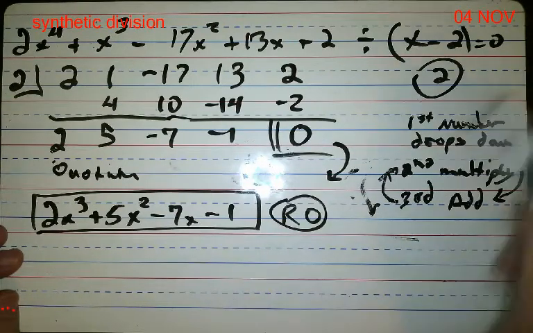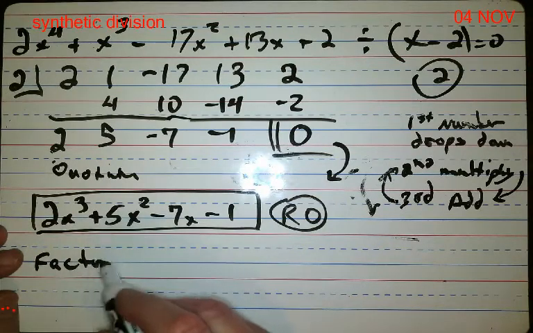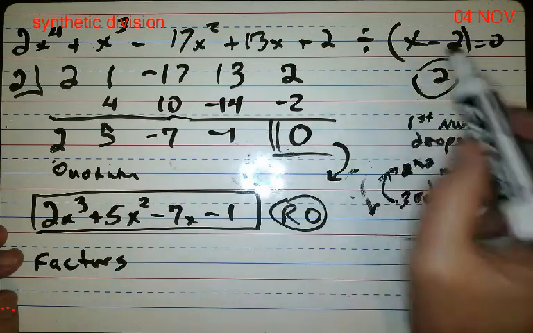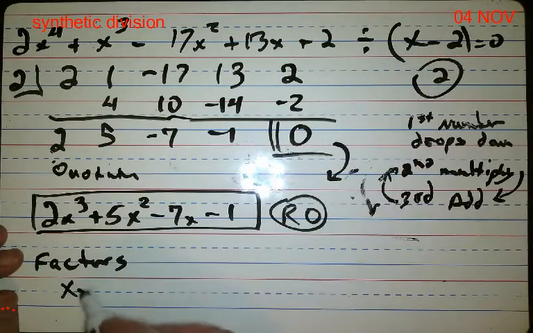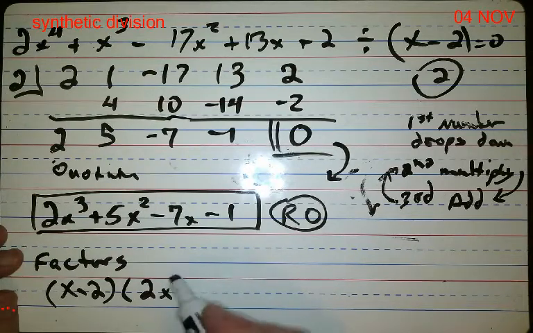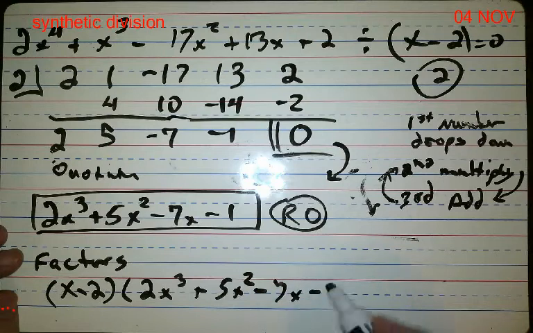So what does that mean? That means that we can write the factors. Well, the factors are x minus 2 times this whole thing, 2x³ plus 5x² minus 7x minus 1.